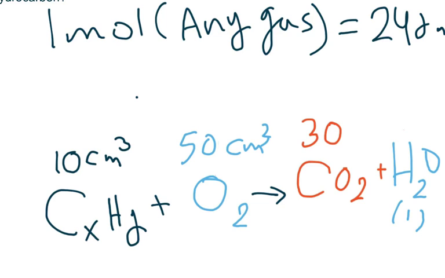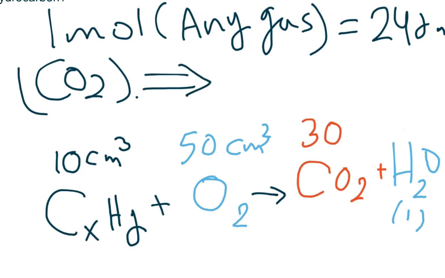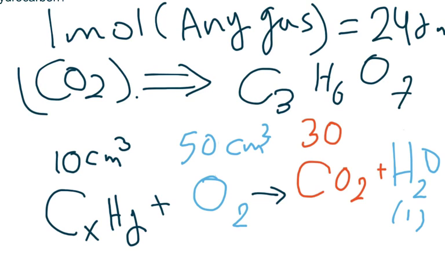It occupies the same space regardless of size. So CO2 at 1 mole would have the same volume as C3H6O7. This is an imaginary compound. But if this compound was a gas, it would occupy the same volume as CO2 under RTP, which is room temperature and pressure.